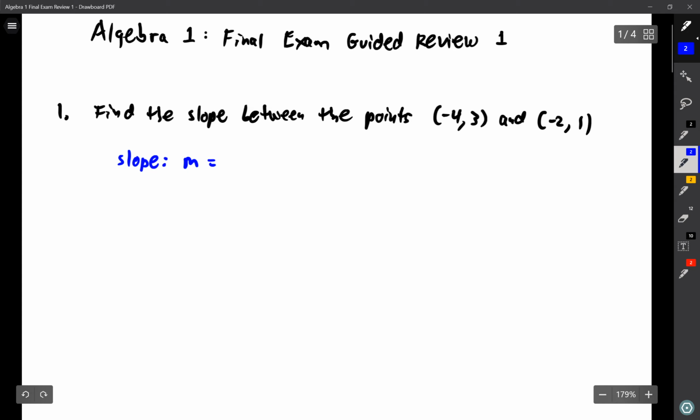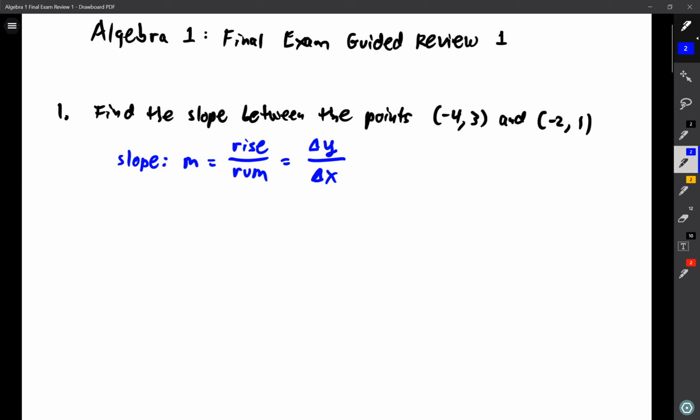It is, one way of putting it is rise over run, which is another way of saying it's our delta y, which is our change in y, over our delta x. How much we go up, that's our delta y. How much we go side to side, that's our delta x. Another way of putting that is y2 minus y1 over x2 minus x1.